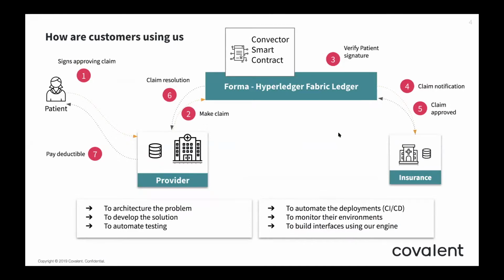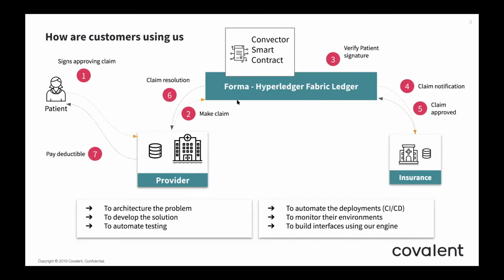Okay, cool. So our typical customers come with an idea of a project just like this. Just as an example, we have a patient that will submit a claim to a clinical provider, and they will use the Hyperledger Fabric network to persist and validate all these claims from the patients, and the insurance companies can just approve or deny the claim notification, and then all this is going to be transacted on the Hyperledger Fabric.